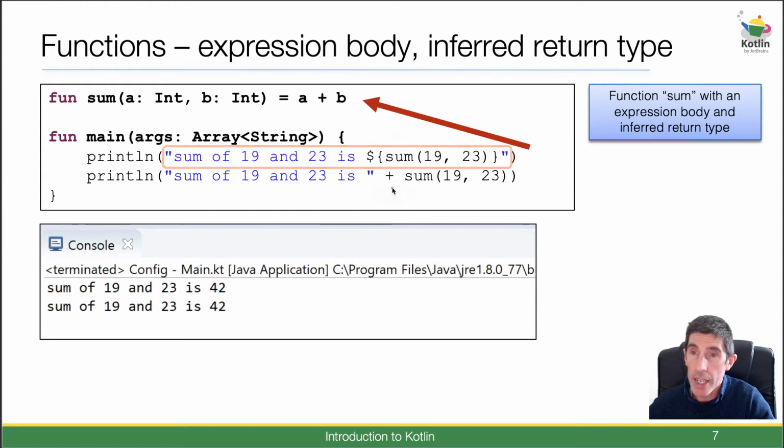Okay, and that's the advantage of using that dollar, that we don't have to use a plus, and if you extrapolate that out, if we had a lot of different functions, different variables, we'd get quite messy and quite cumbersome. And again, the result is as follows. Sum of 19 and 23 is 42. Okay, so the function sum, this is with an expression body and inferred return type, which is quite neat.